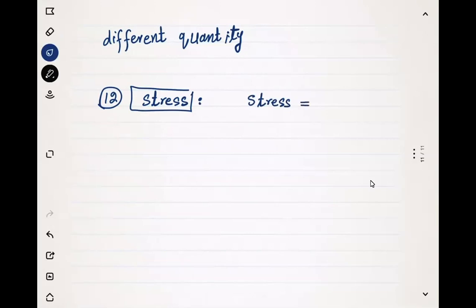However, when we study the chapter deformation, it will be studied in detail. Generally, force over area is pressure. However, when we extend or compress something, then the distribution of force according to area is called stress.